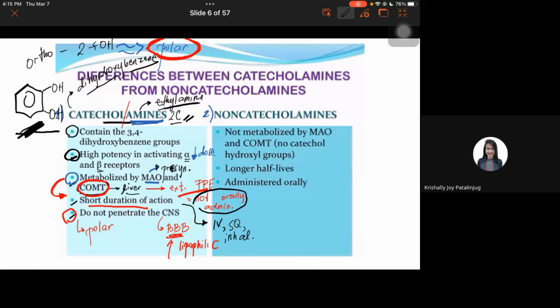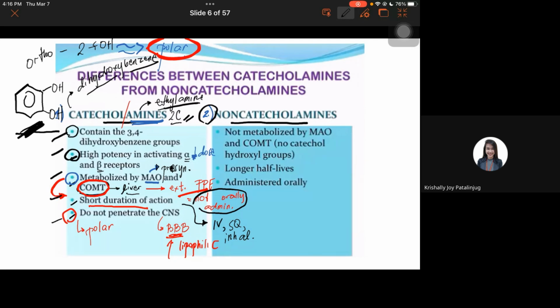Now, let's proceed to the second classification of adrenergic agonists. In terms of structure pa to ha, or chemistry, we have non-catecholamines naman. So, yung non-catecholamines is actually yung property nila opposite sa mga na-mention natin dito sa left side, no?